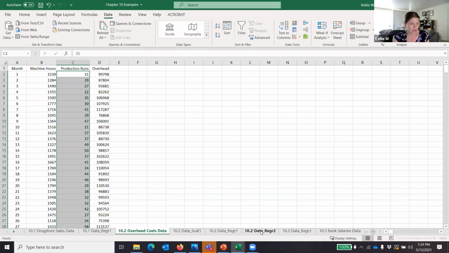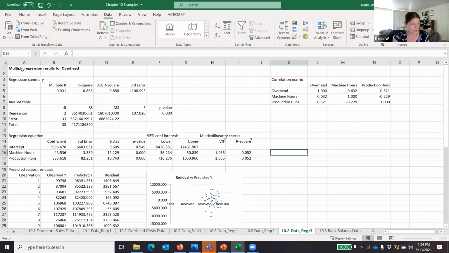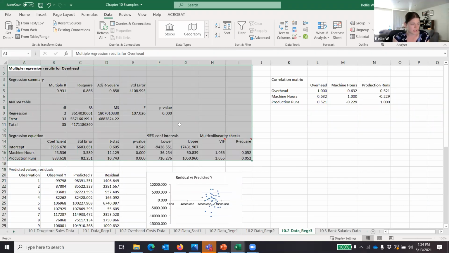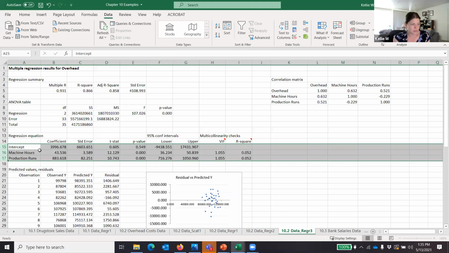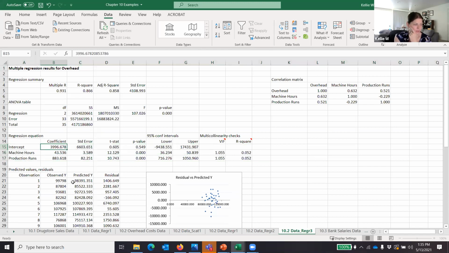When you run that, you get this multiple regression output. Now we have an intercept and two coefficients, one for machine hours and one for production runs. Our equation is y equals 3,996 plus 43.536 times machine hours plus 883.6 times production runs.